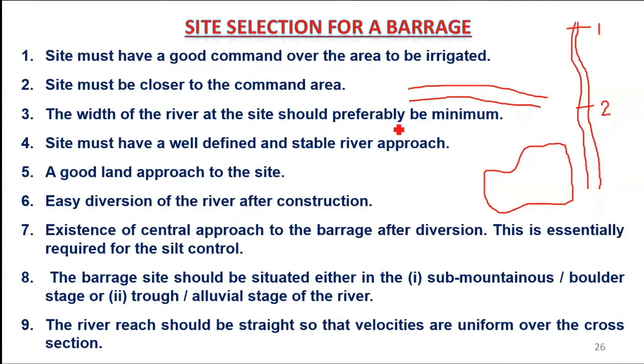Number six, easy diversion of the river after construction. For example, if the river is coming like this, and maybe here there is a bend, then we can select this site for the barrage.